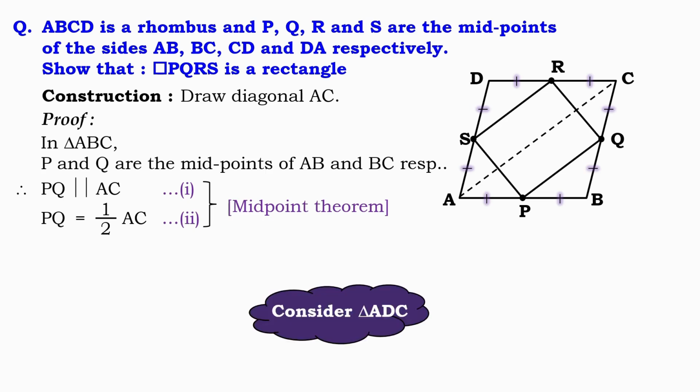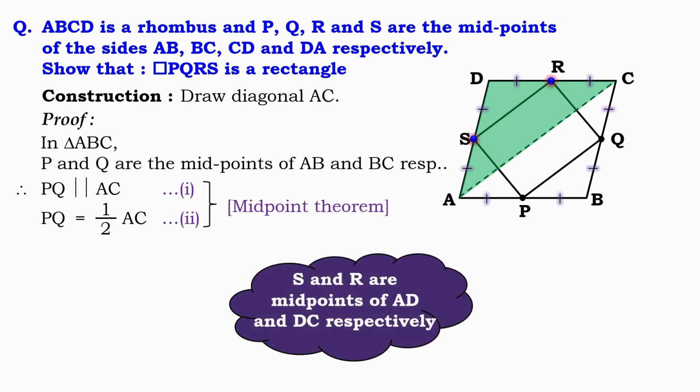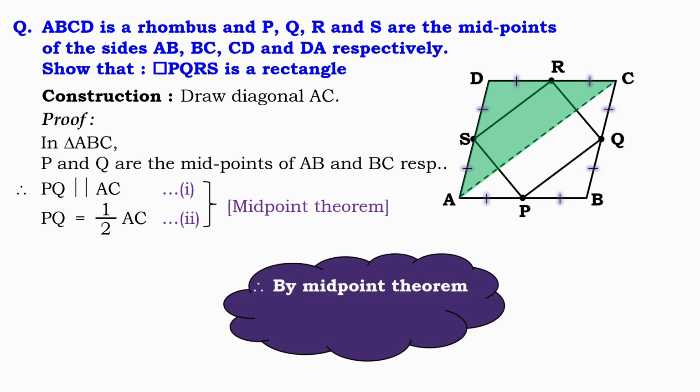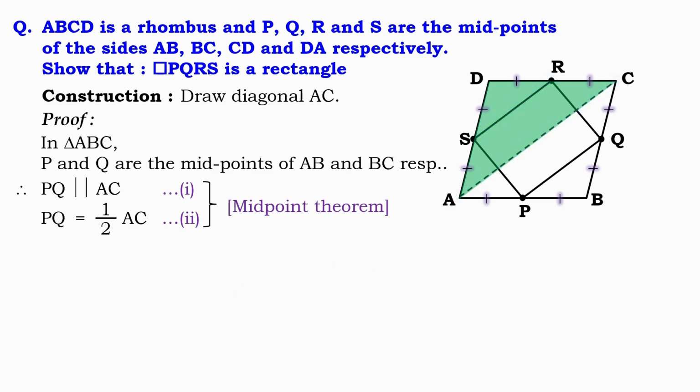Now consider triangle ADC. Okay, the highlighted one. If you take a look, S and R are the midpoints of AD and DC respectively. So we can say that by midpoint theorem, SR is parallel to AC and SR is also half of AC.